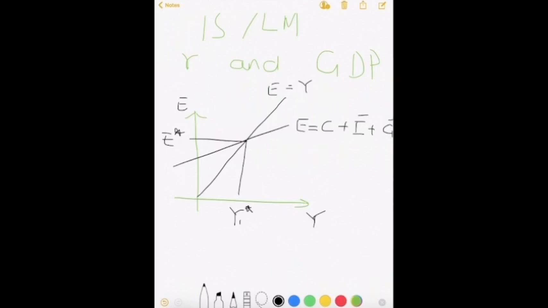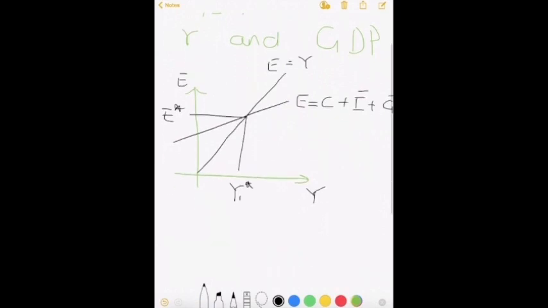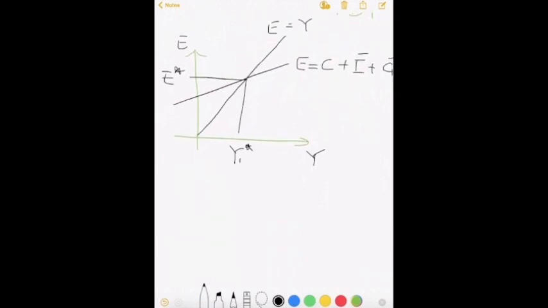Now, in order to come up with the IS curve, the Keynesian cross model is extended by making one small change. We modify the model by changing the planned investment component. Investment, which was previously fixed and determined from outside, an exogenous variable, is now an endogenous variable.